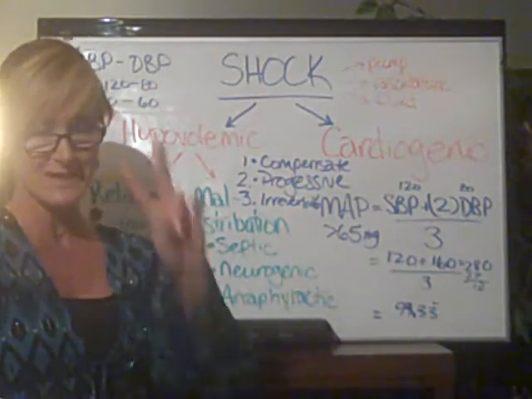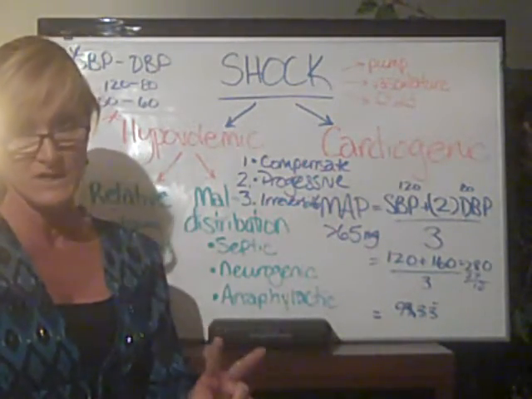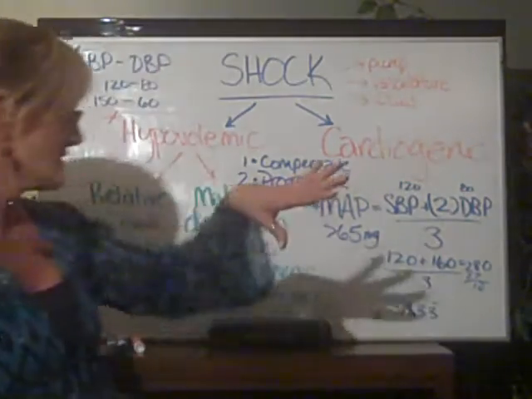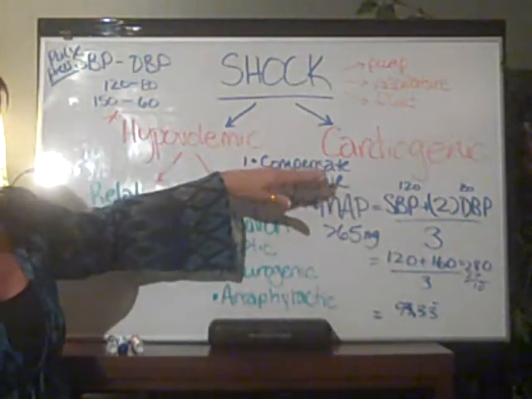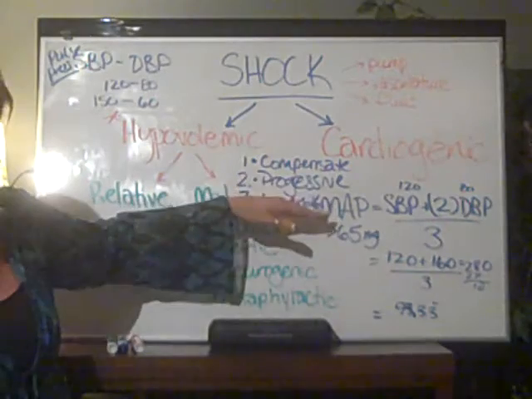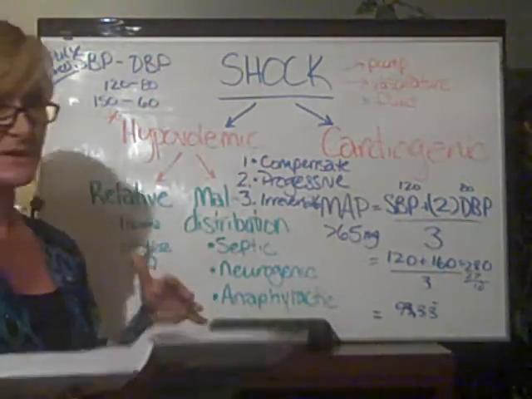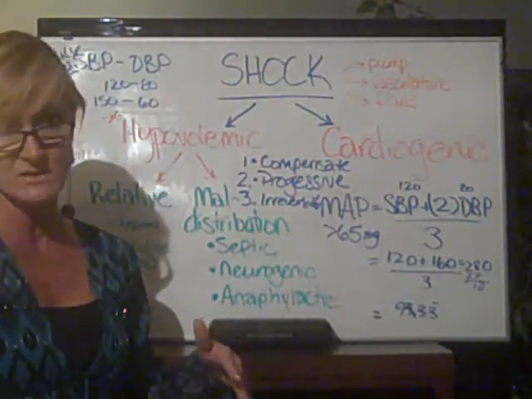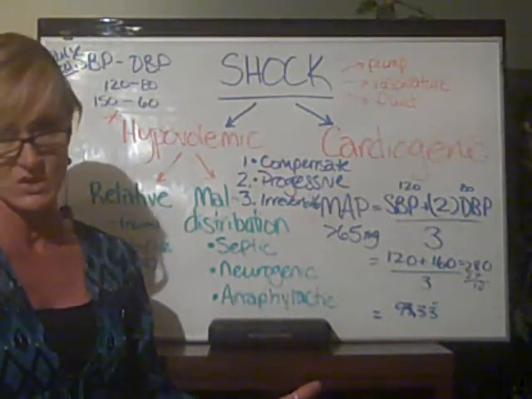When you see SIRS and MODS starting to develop in your patient, those are ominous signs. Typically your patient is in a progressive stage and they're getting very close to that irreversible stage, because what that means is that now you're starting to develop multiple organ failure.